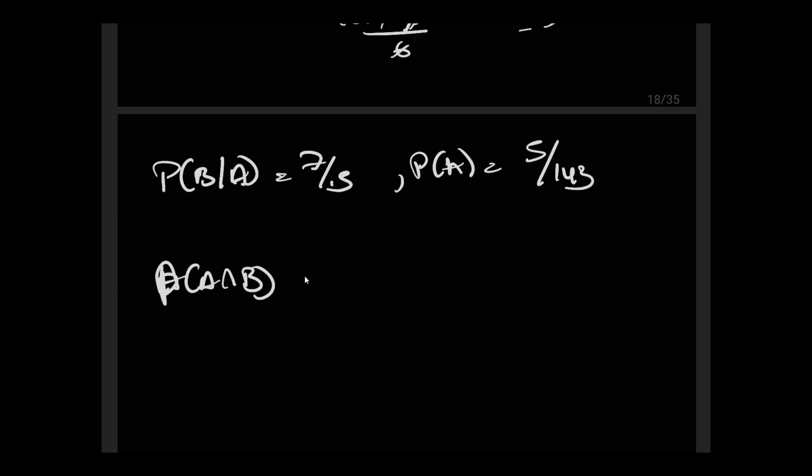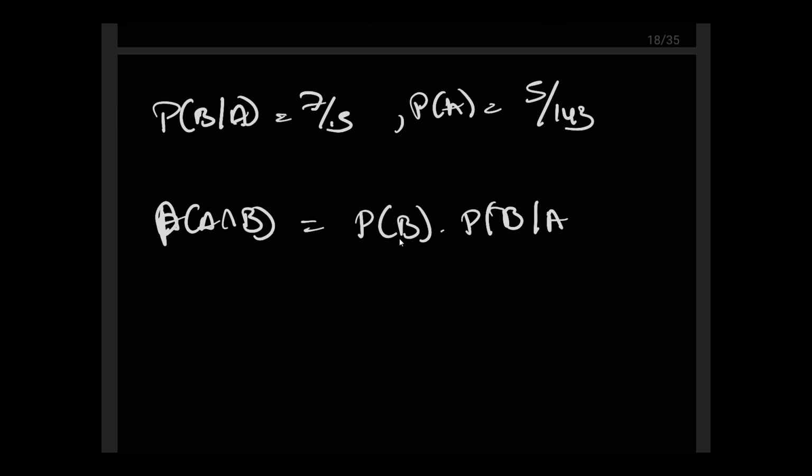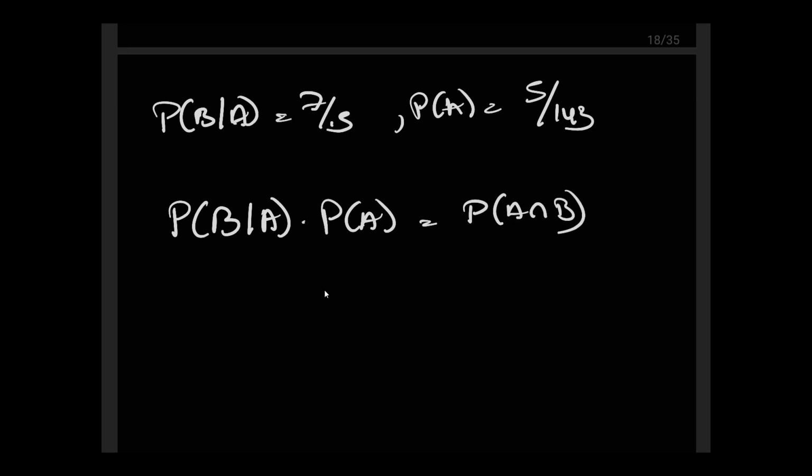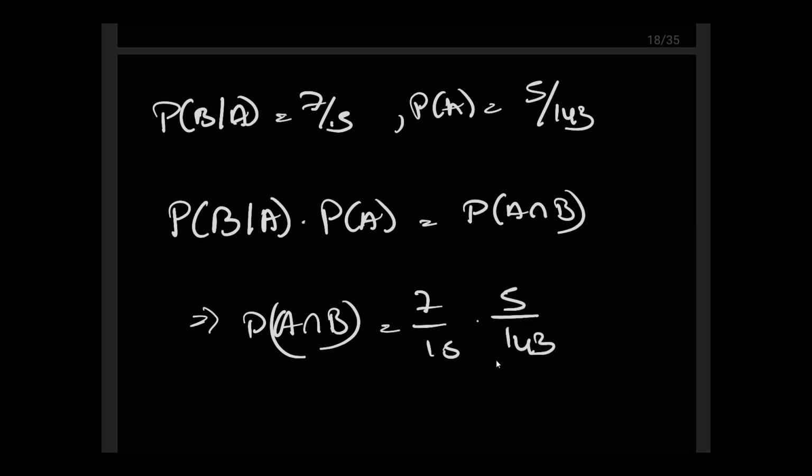They are asking P of A intersection B. We can write this as P of B given A into P of A as P of A intersection B. Therefore, P of A intersection B equals P of B given A, 7 by 15, into P of A, 5 by 143.